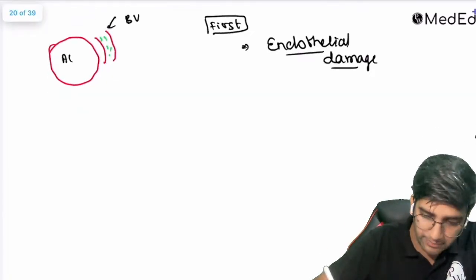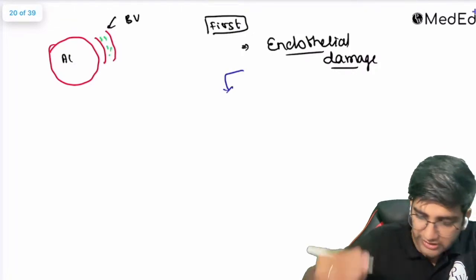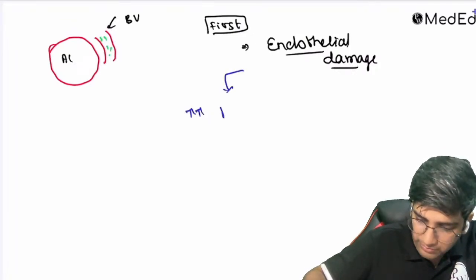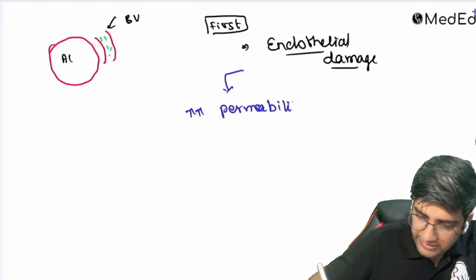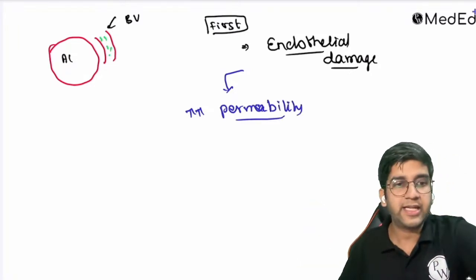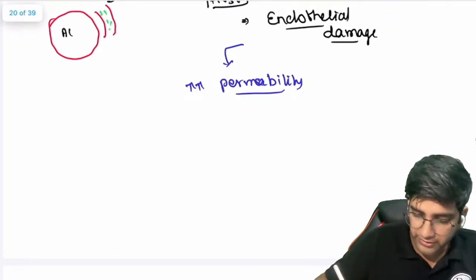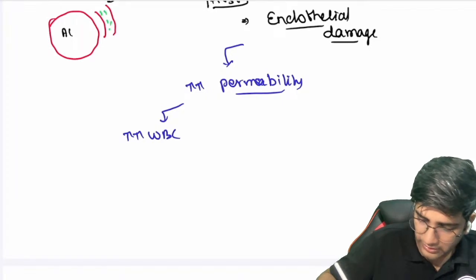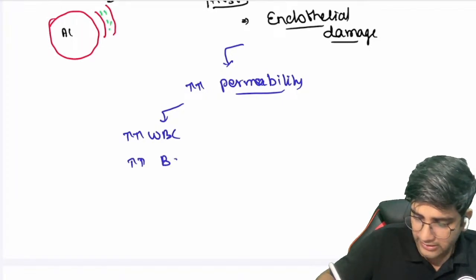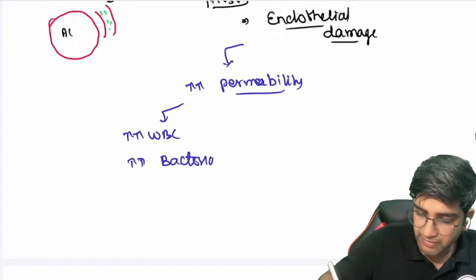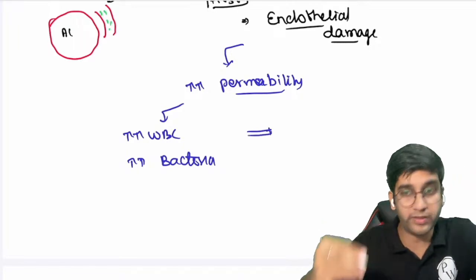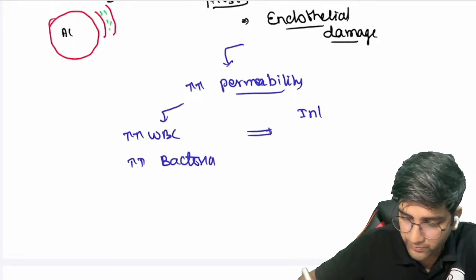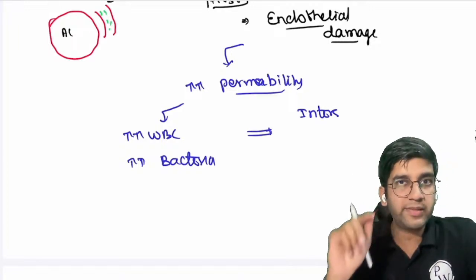Once endothelial damage happens, it will definitely increase the permeability. If the permeability increases, there are two things: more and more WBC, and more and more bacteria. Both will appear in two places. They will appear in the interstitium because my blood vessels are being destroyed.